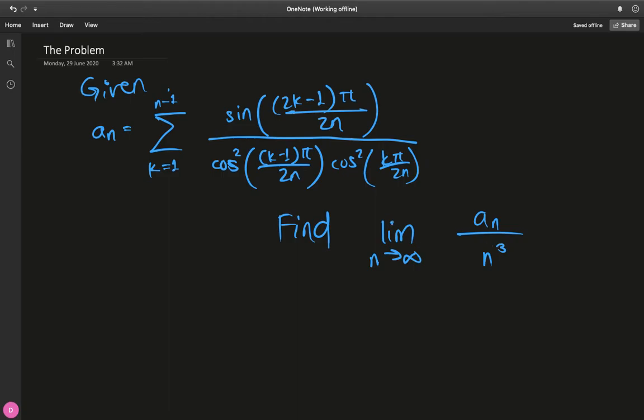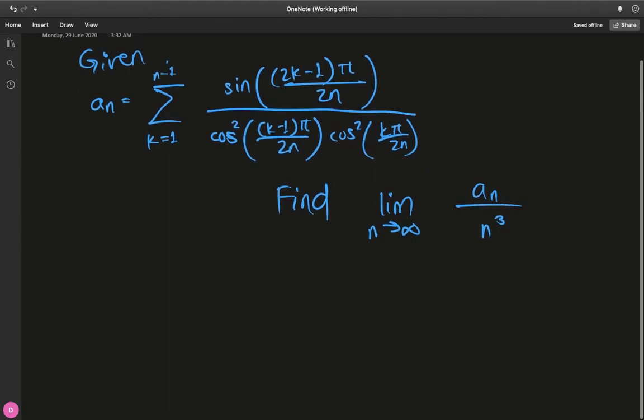So take a moment to look at what we need to find. We need to find the limit of this ratio, a sub n over n cubed, as n goes to infinity. Since it's a limit of a series divided by n cubed, they are expecting us to simplify this into some expression in terms of n.